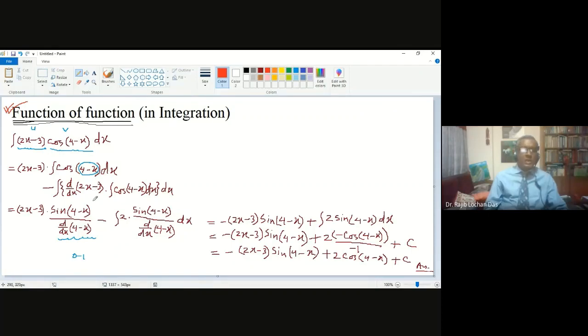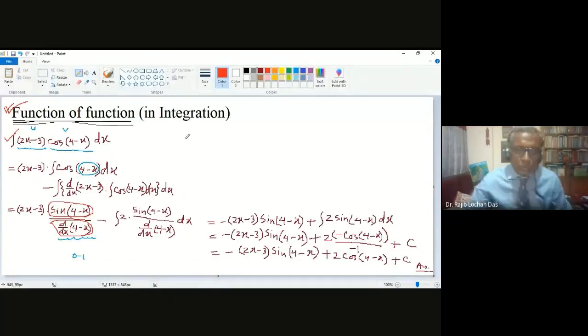What is the technique I have shown? You will do the integration in the beginning, and then you divide by differentiation of the x portion. So this is the technique we are applying for this question. It is okay, but this technique is not applicable for every situation.